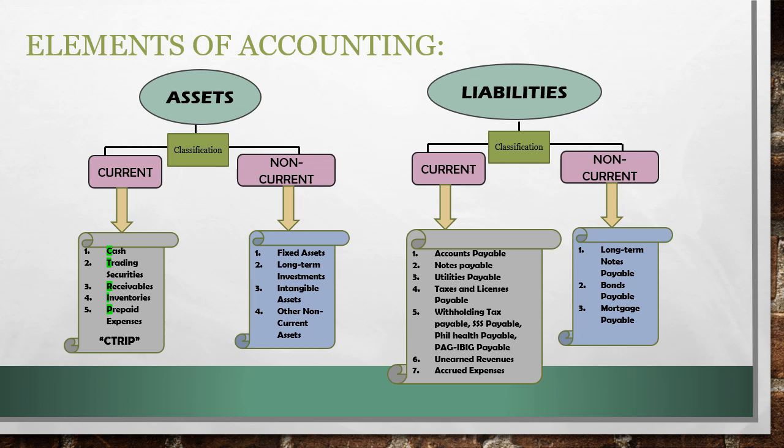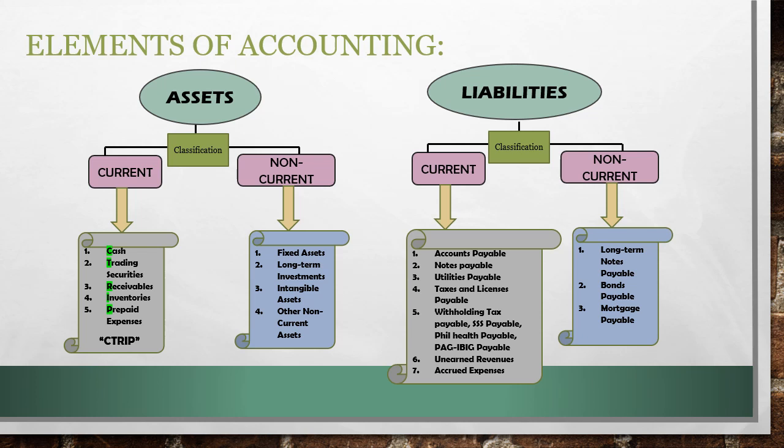Current assets include cash and those assets which can be readily converted into cash or sold or consumed within 1 year or the normal operating cycle, whichever is longer. Again, within 1 year or normal operating cycle, whichever is longer.